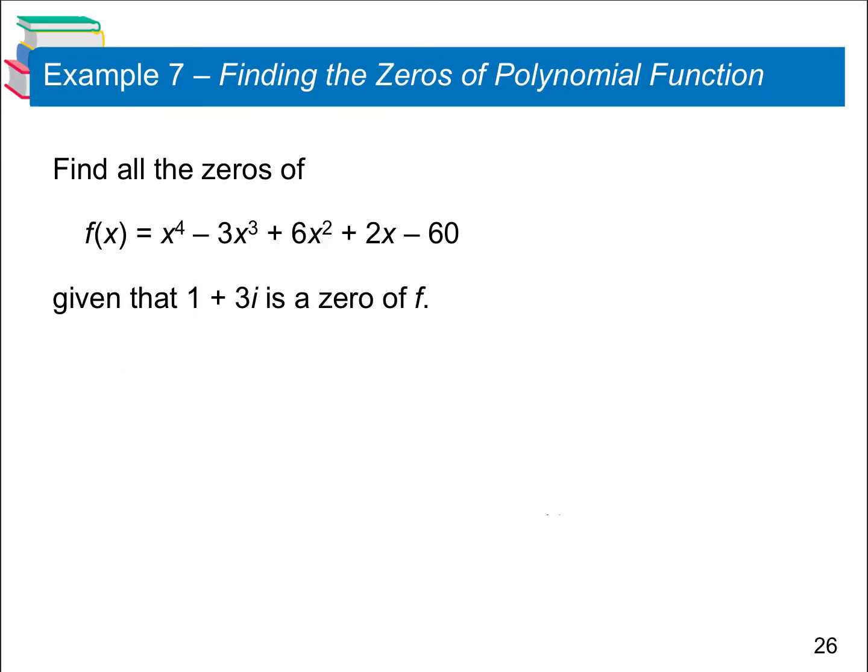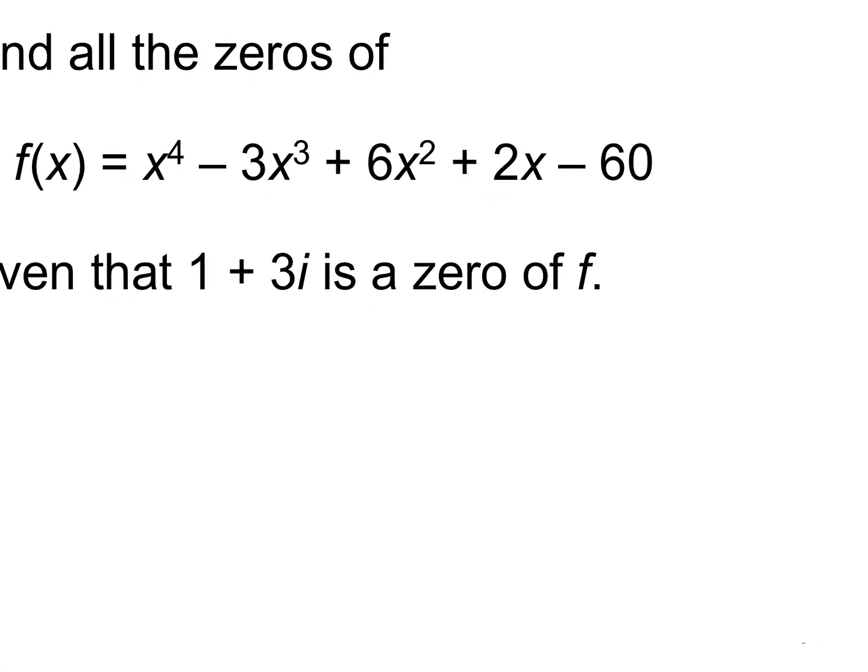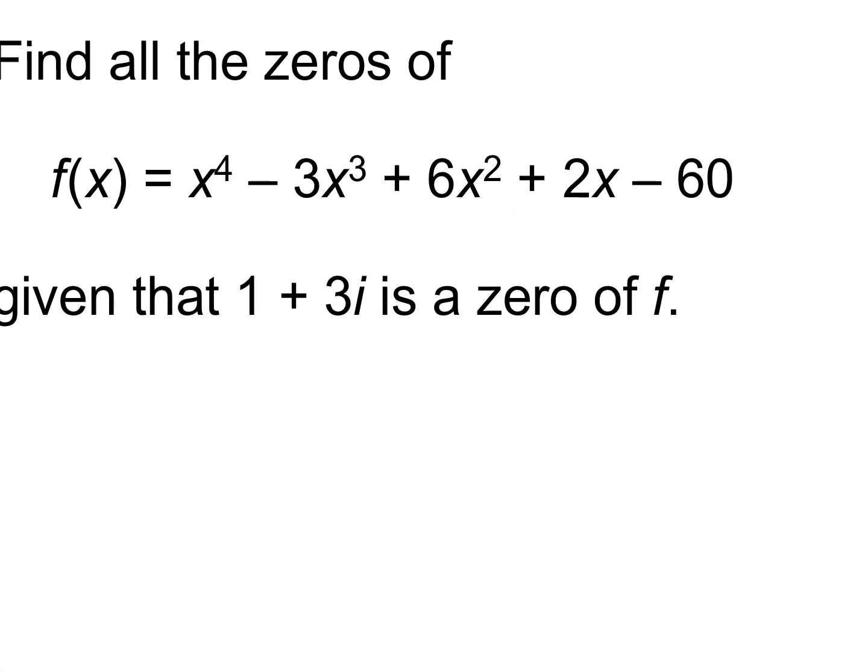All right, next we're going to look at example 7. So here it gives us the polynomial, and we have to find all the zeros, and it gave us one of them. If I have 1 plus 3i is a 0, what's another 0 that I know? 1 minus 3i.